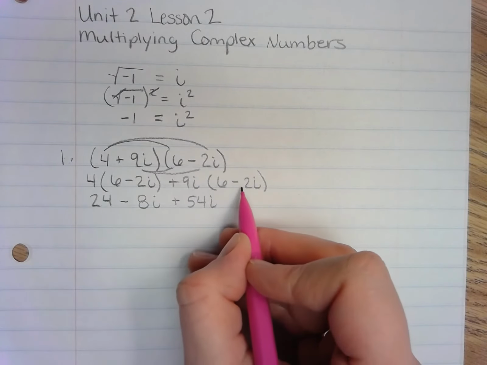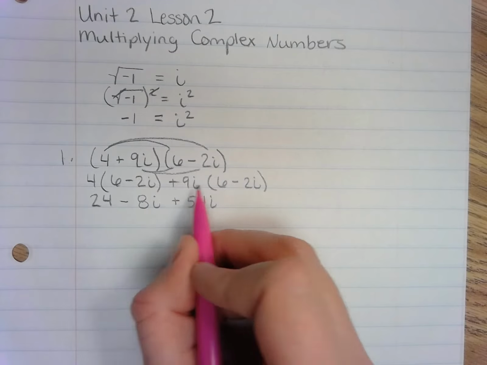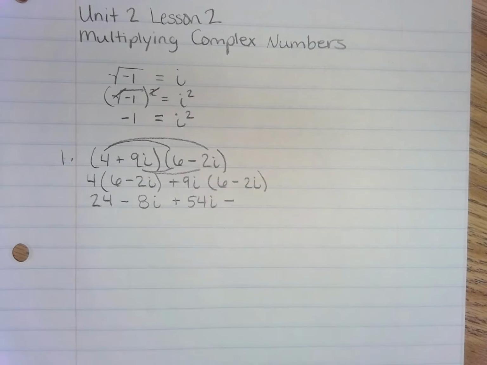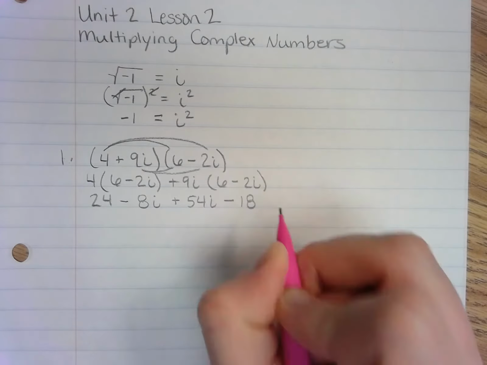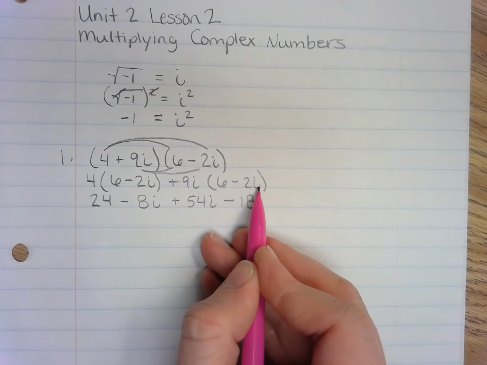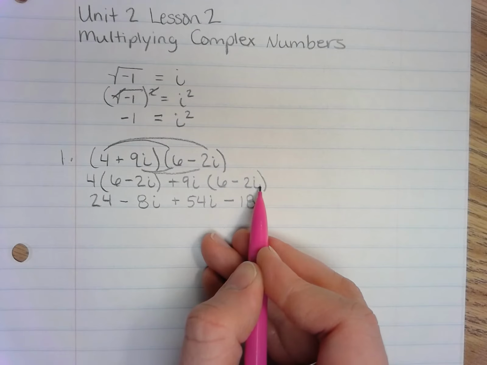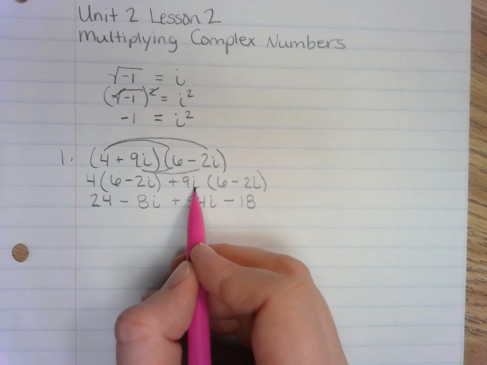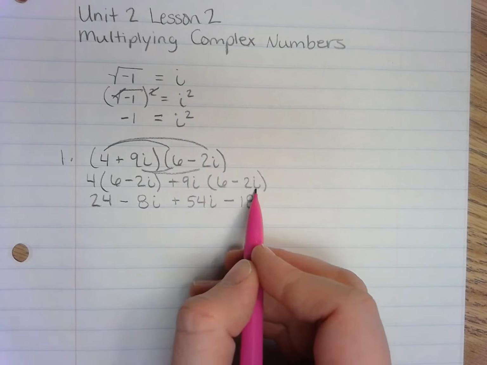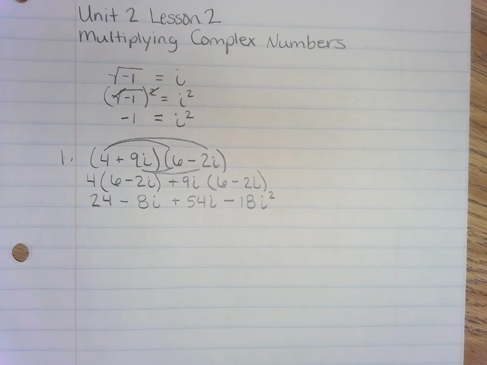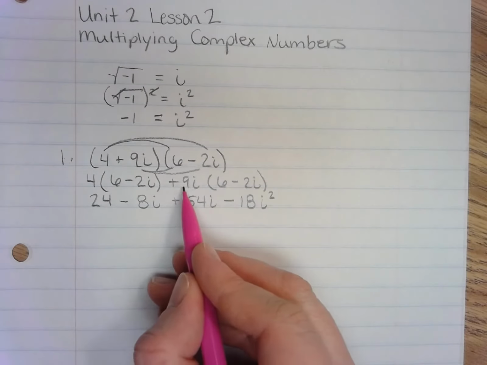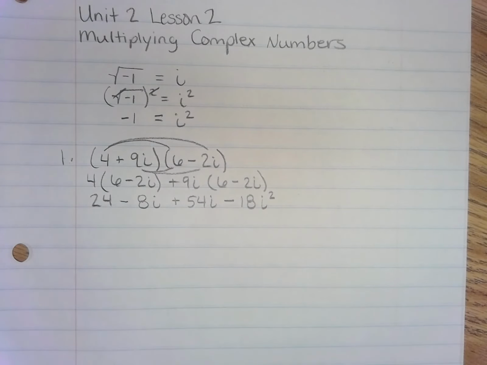And 9i times negative 2i, let's do positive times negative is a negative. 9 times 2 is 18. And then i times i, just like with the variable x, you will square that because you add those exponents, it makes it i squared. So 9i times negative 2i is negative 18i squared.